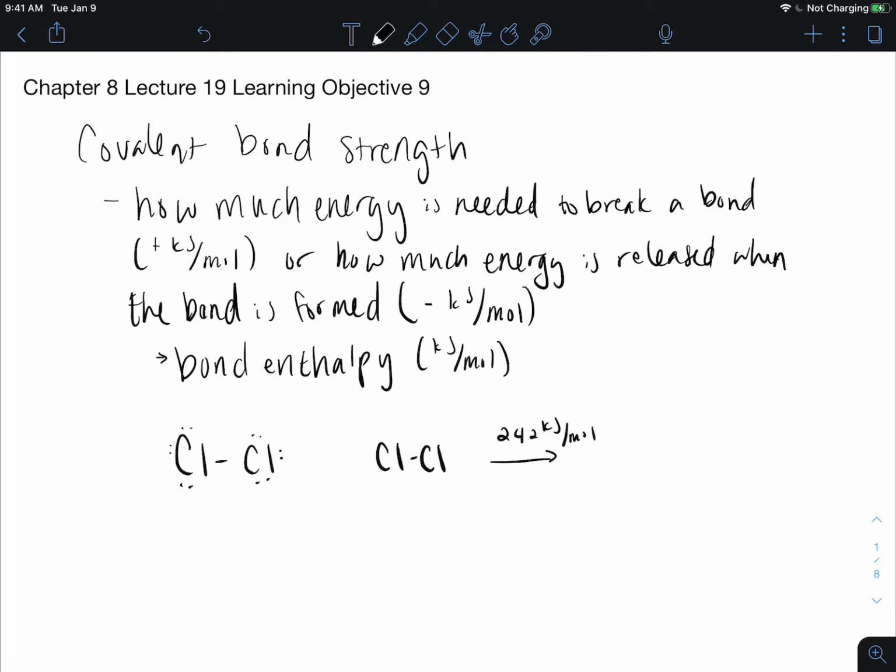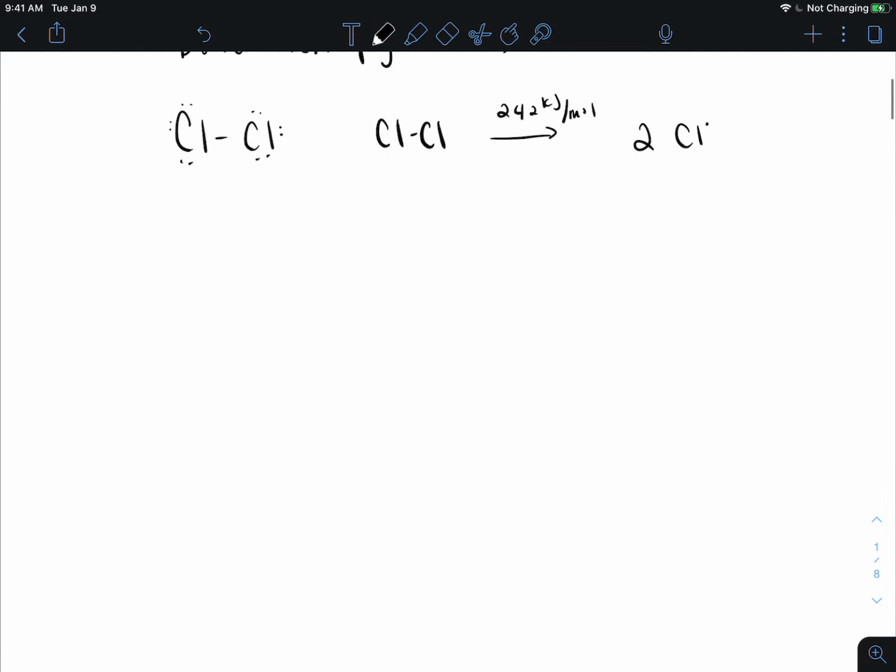So 242 kilojoules per mole are required to produce 2 Cl atoms, like so. Same thing can be said if we reverse the process. So if we take our chlorines and add them back together, we're going to release that energy. Very similar to what we saw with lattice energy, but much smaller values.